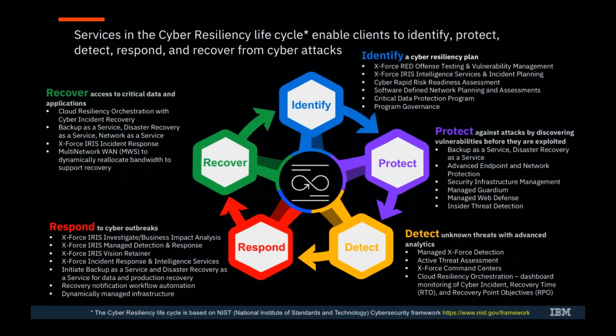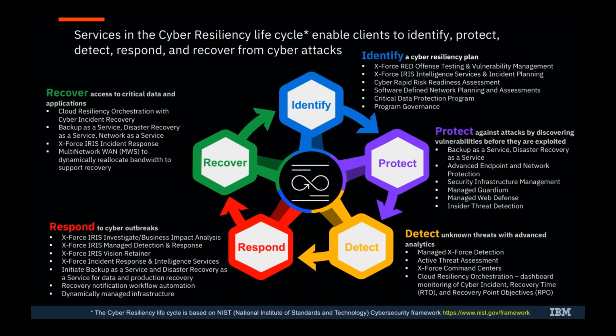So here's another look at the lifecycle chart with some of the services that IBM provides. I just want to walk through a couple of these areas of what this might look like for a typical organization, of how we help them to solve these cyber resiliency issues today.